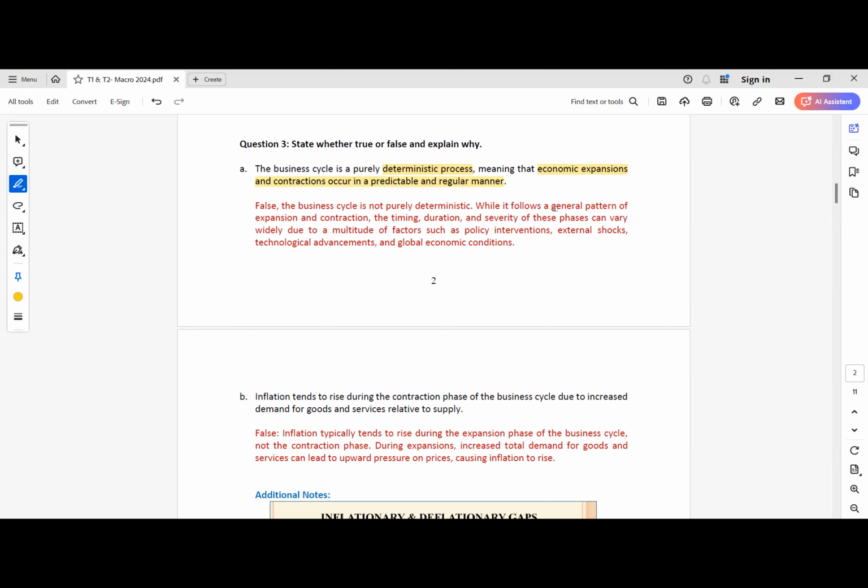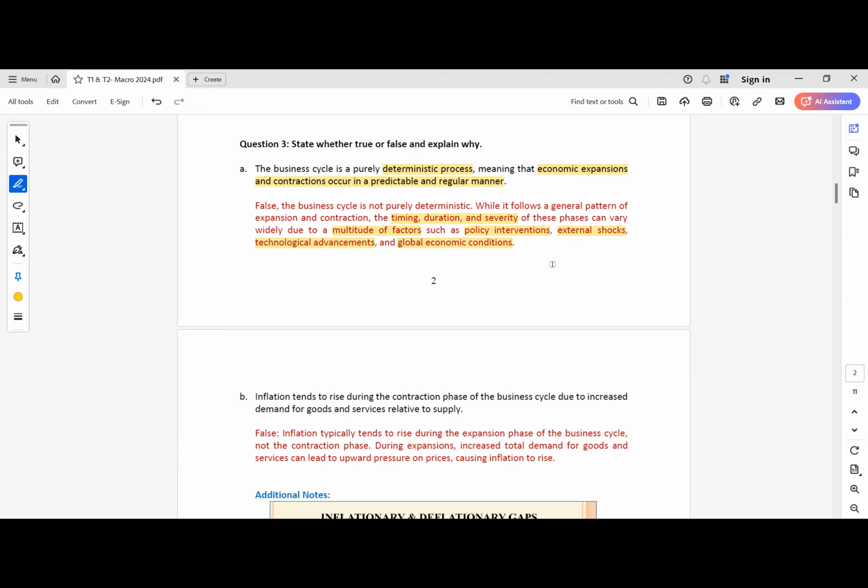While it follows a general pattern of expansion and contraction, the timing, the duration, and the severity of these phases are uncertain. Why? Due to a multitude of factors such as policy interventions, external shocks, technological advancements, and global economic conditions.